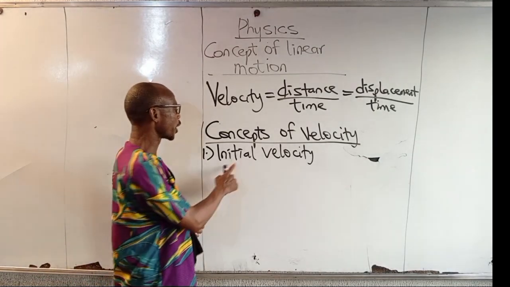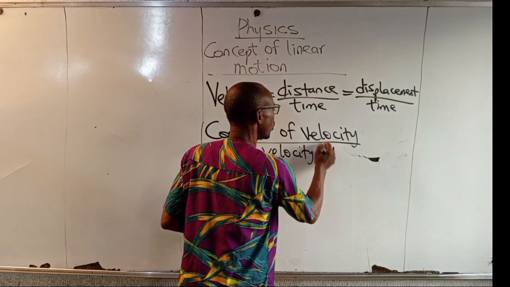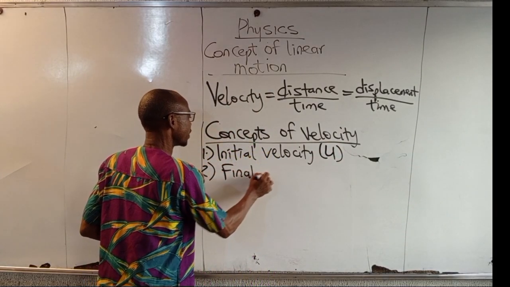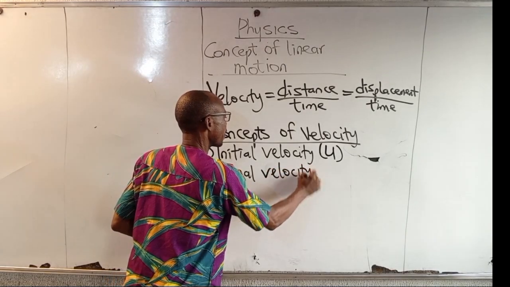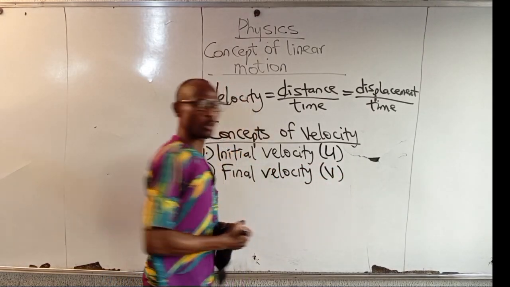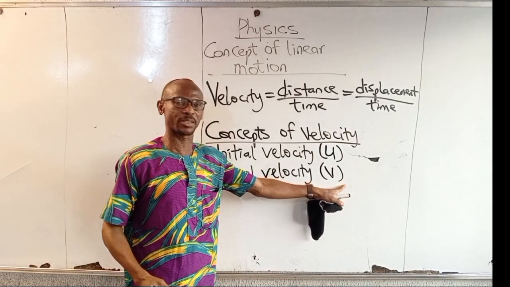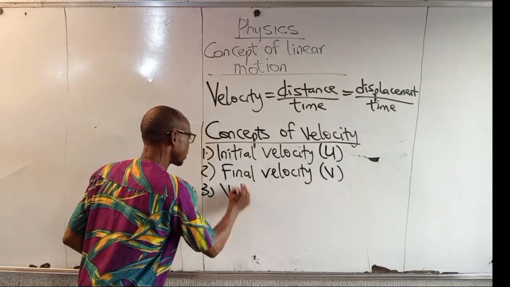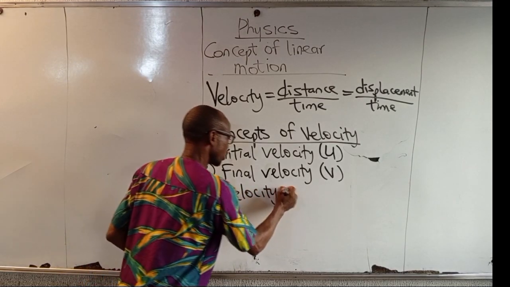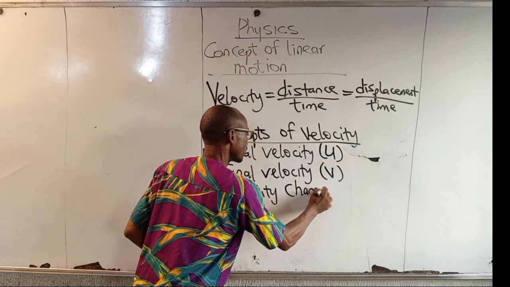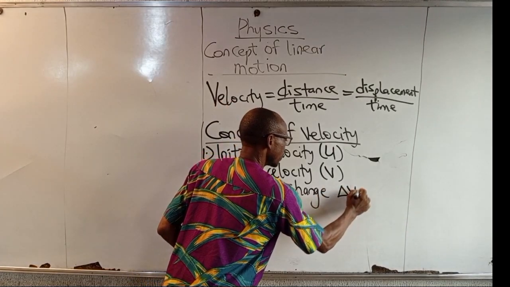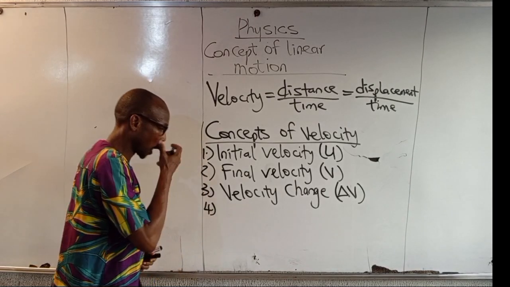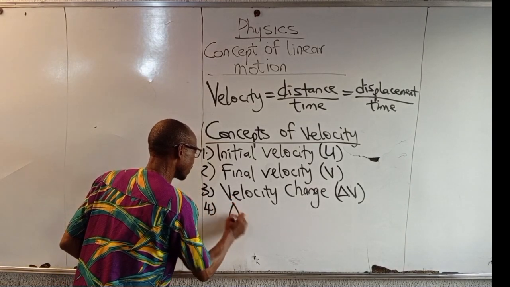The symbol we use for initial velocity is U. Two, we have final velocity. The symbol we use for final velocity is V. Then we also have velocity change. Then we are also going to talk about our average velocity.